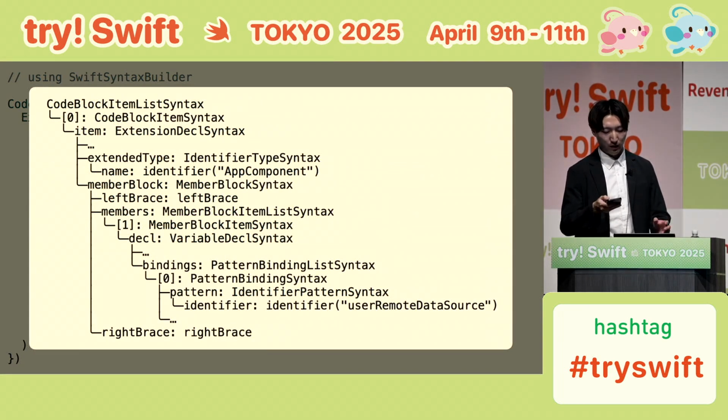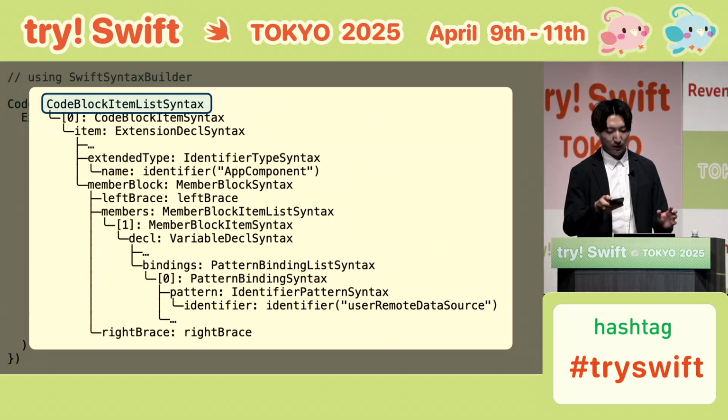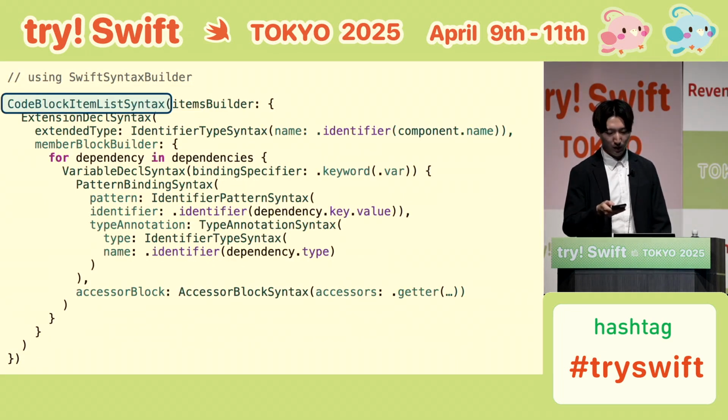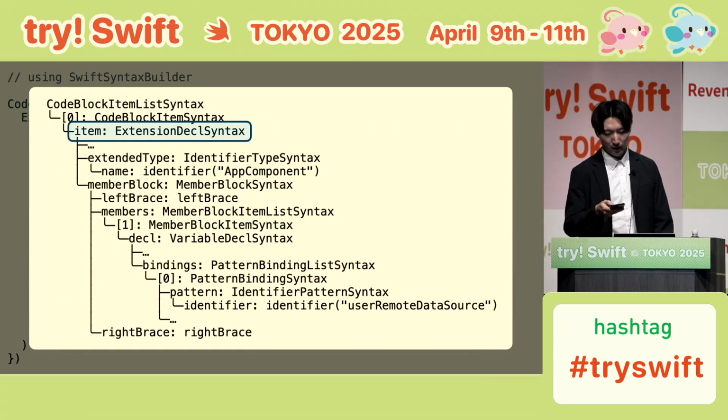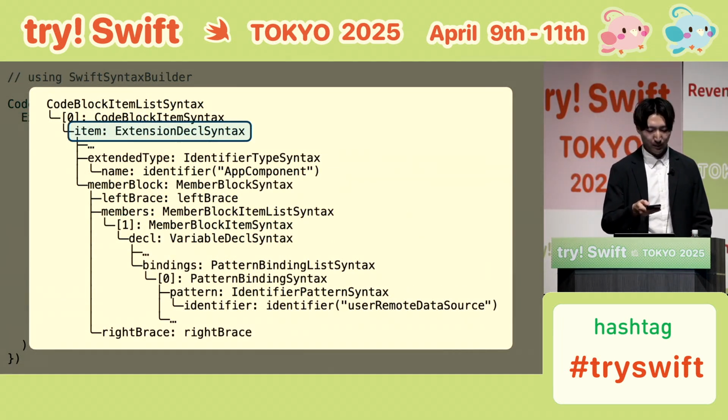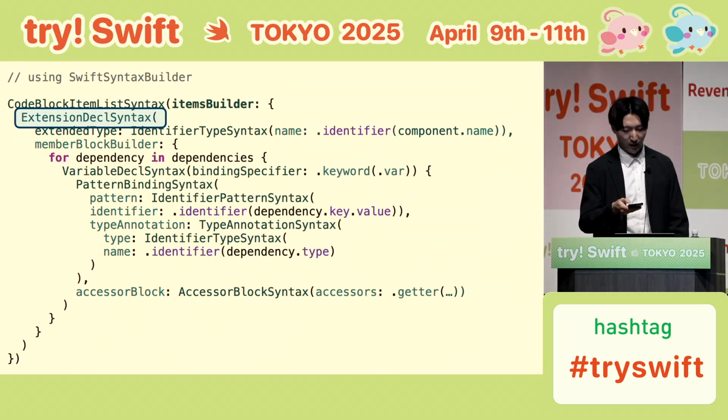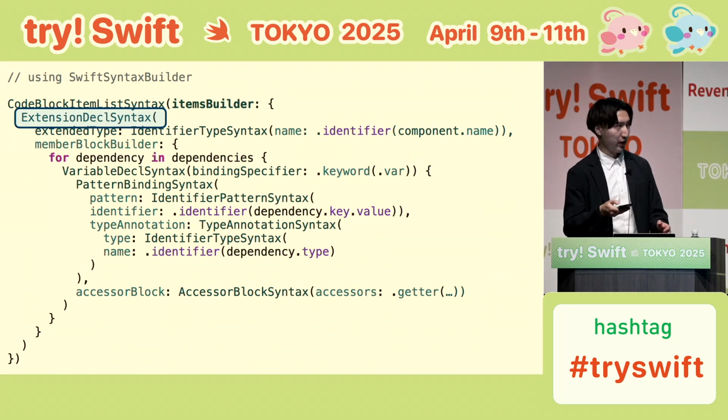The generated code forms a syntax tree that looks roughly like this. First, we set up the outermost node by calling CodeBlockItemListSyntax. Next, we create an ExtensionDeclSyntax node as a child by passing ExtensionDeclSyntax to the items builder parameter of CodeBlockItemListSyntax.